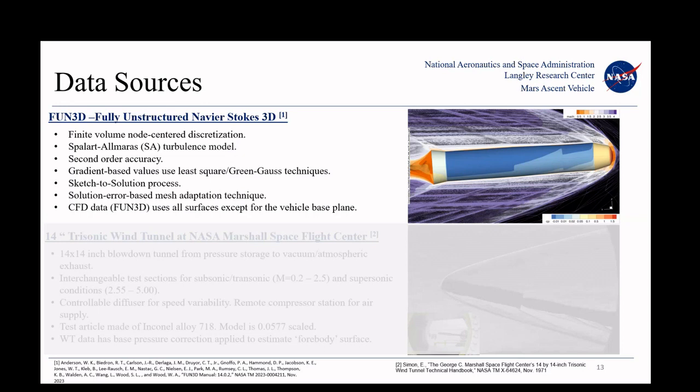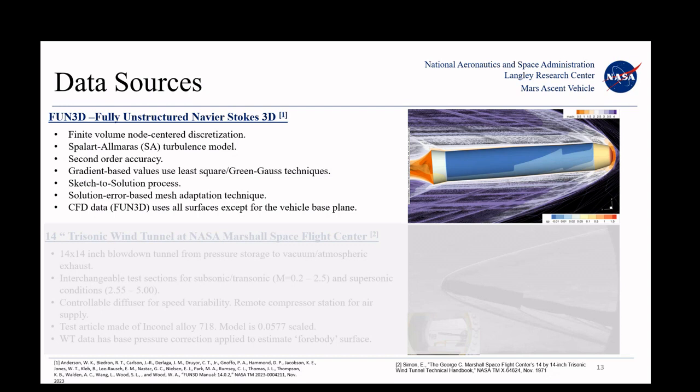It's a finite volume, node-centered discretization, Spalart-Allmaras turbulence model. Uses second order accuracy, and it generates gradient-based values using the least squares Green-Gauss techniques. It does that by integrating fluxes using the trapezoidal rule, where nodal values are extrapolated to the center of the edges. Most of the solution, the gridding, has been performed through the sketch to solution process.